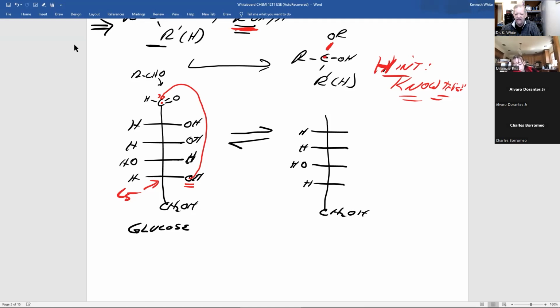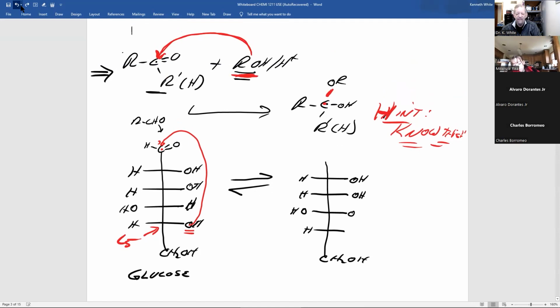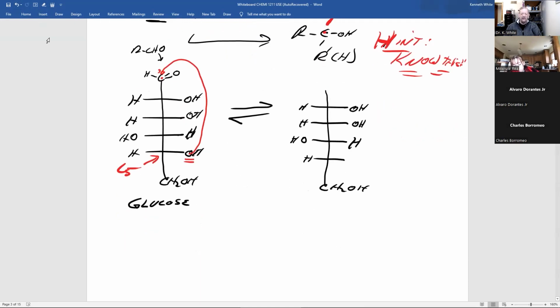So what I'm writing are all the atoms and carbons that are not involved in the reaction. It's only this carbon right here and this carbon. Now I have this oxygen, and notice it's going to be bonded to the carbonyl. So here's the world's longest and ugliest carbon oxygen single bond.